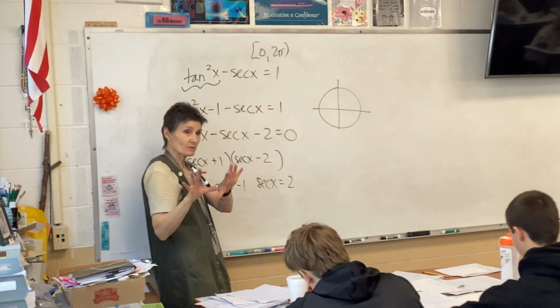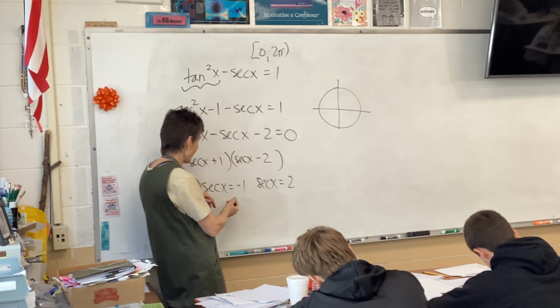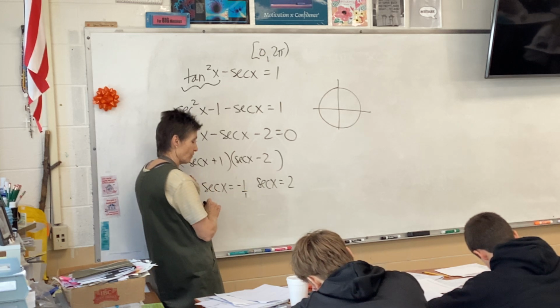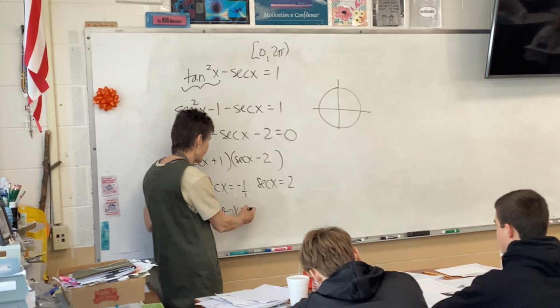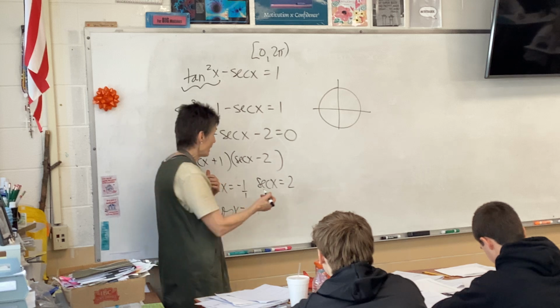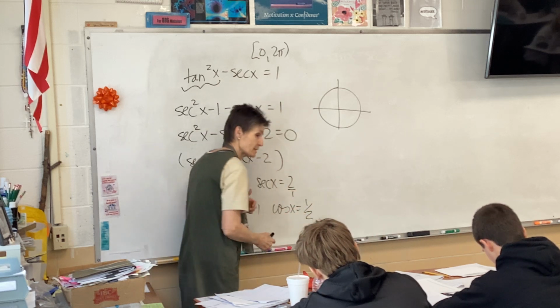Again, you have your style, I have mine, I don't do secants. So I'm going to say, okay, if the secant is -1 over 1, then the cosine is 1 over -1. And if the secant is 2 over 1, then the cosine is 1/2.